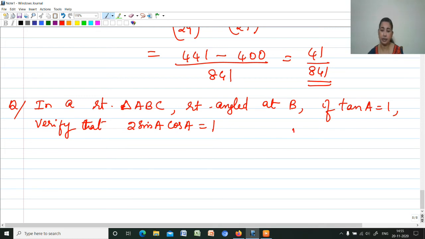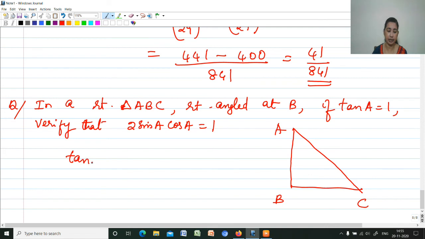In right angle triangle ABC, right angled at B, so this is B, this is A and C, tan A is equal to 1. So given that tan A is equal to 1, if we are considering this angle, tan A is equal to 1 means tan A is equal to opposite side, opposite side is BC by adjacent side is AB, and it is given as equal to 1.